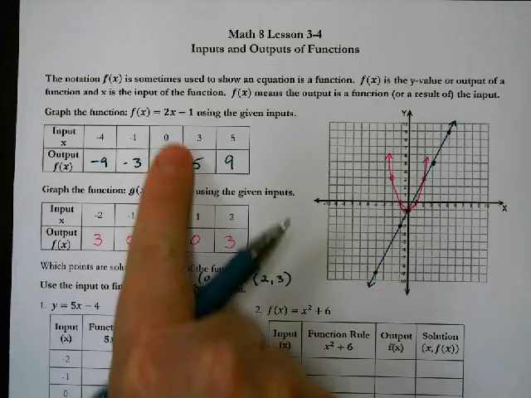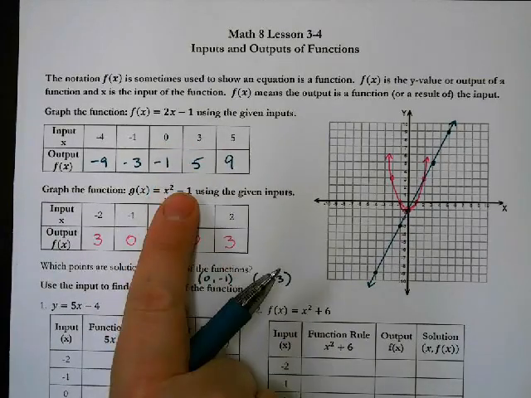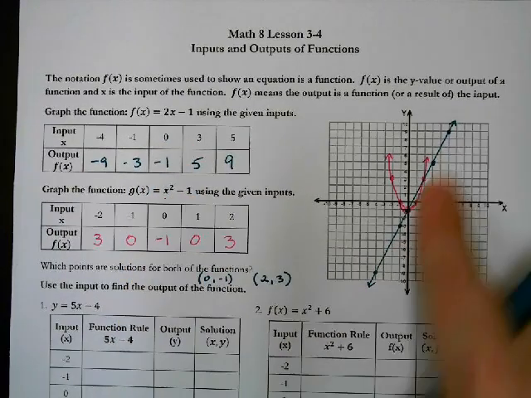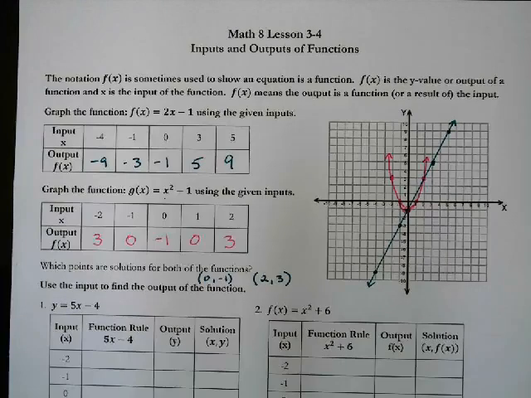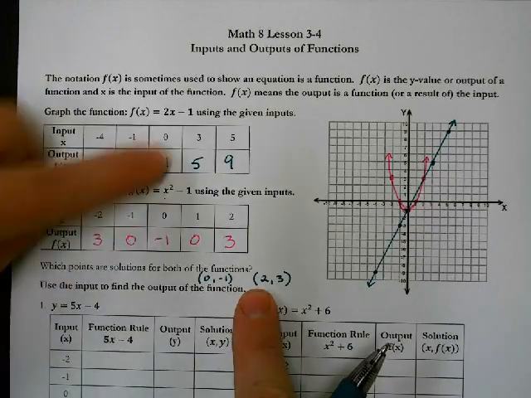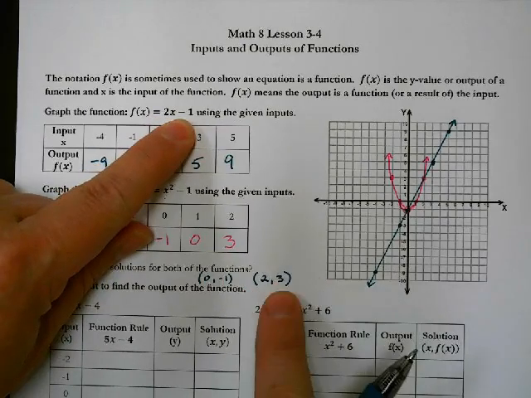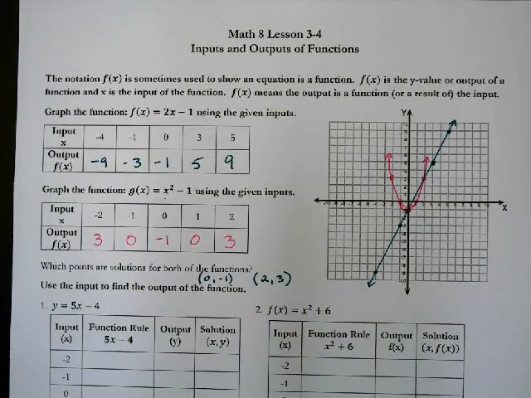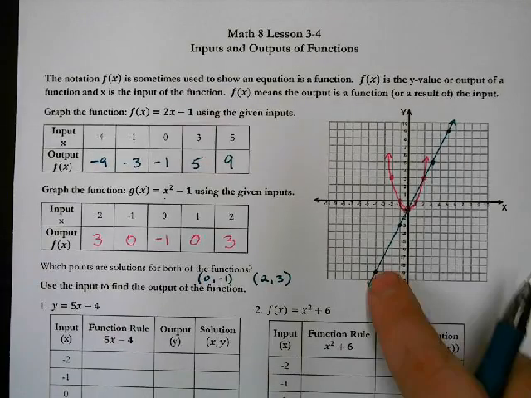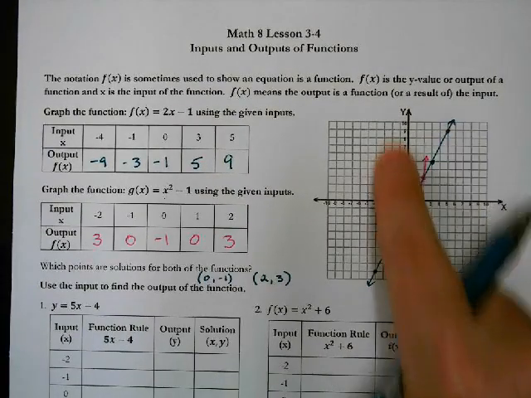Even though we didn't plug in 2, 3 over here, it's on a line, so it will eventually go through there. We could even plug in 2. 2 times 2 is 4. 4 minus 1 is 3. All right, so there we've got a linear function and a nonlinear function.